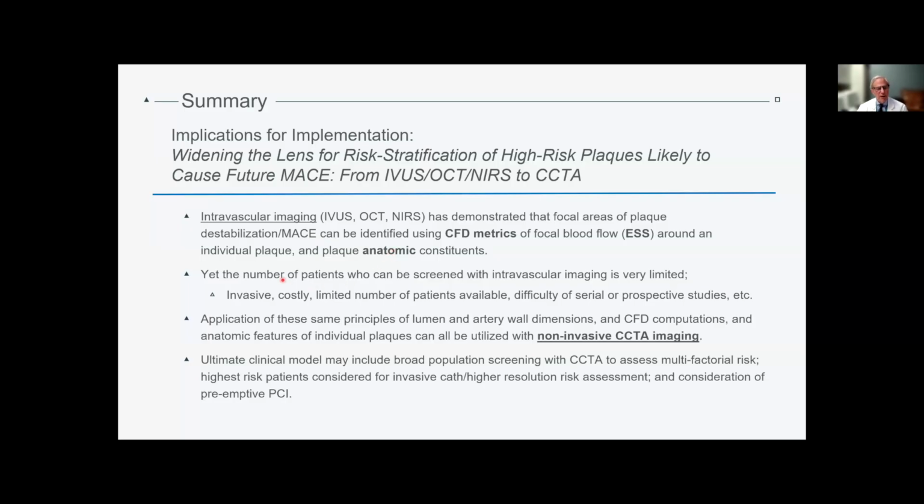But this is not really feasible for a large number of patients who have atherosclerotic disease and are unaware of it, because there may not be flow-limiting disease and no symptoms, but yet they still have it.